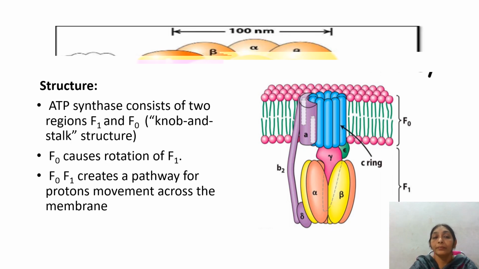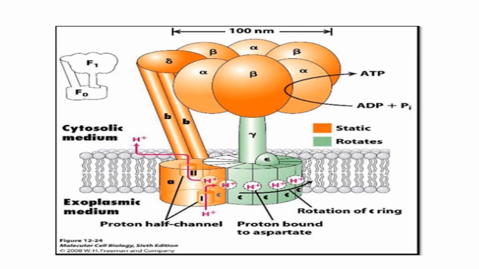In the structure of F0 F1 ATPase, you can observe F0, the stalk-like structure, and F1, the knob-like structure. This structure, located in the inner mitochondrial membrane, is about 100 nanometers in diameter.